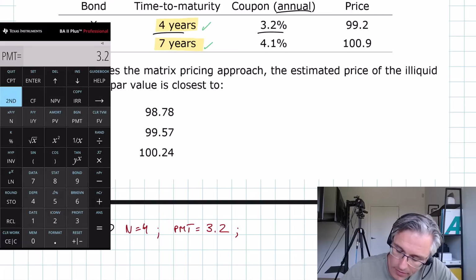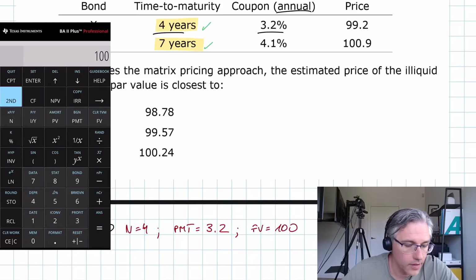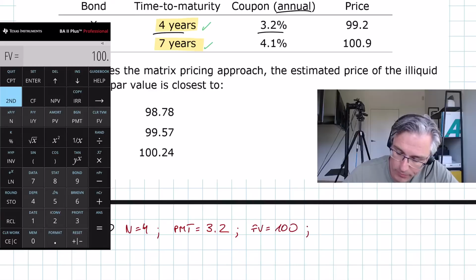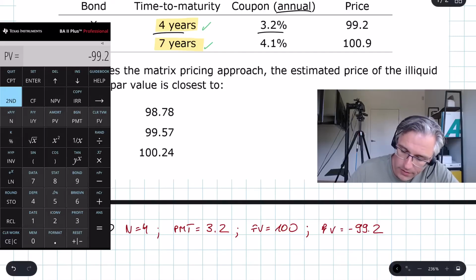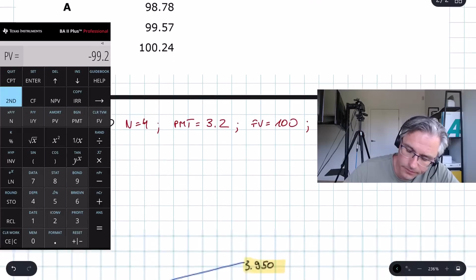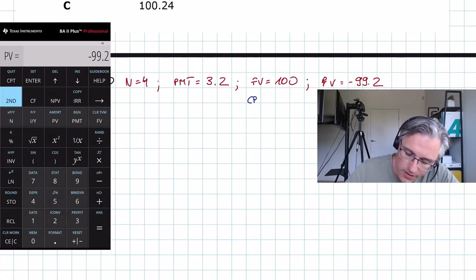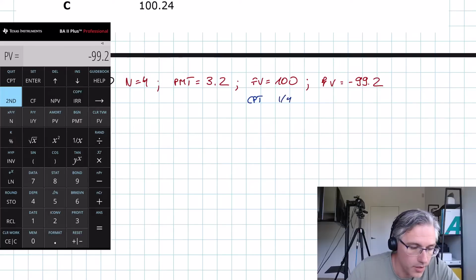I'm going to make FV, future value, 100, and price, so PV, equal to negative 99.2. So 99.2, stick a minus in front, PV, and now we are ready to compute. So that's CPT, I over Y.